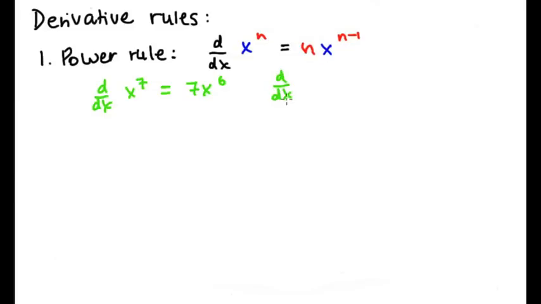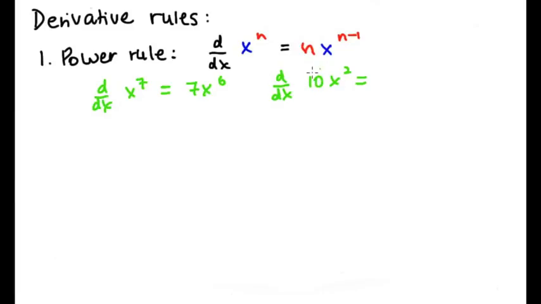Another example, the derivative of 10x squared is going to be, well, the same. We take this exponent, we bring it to the coefficient of the x, but now we're multiplying it by 10 because the 10 was also next to the x.